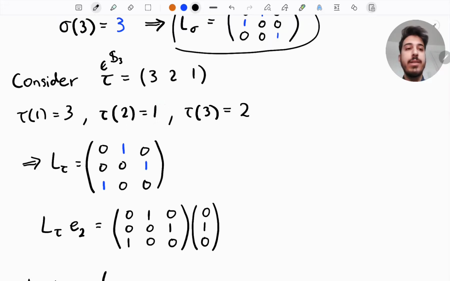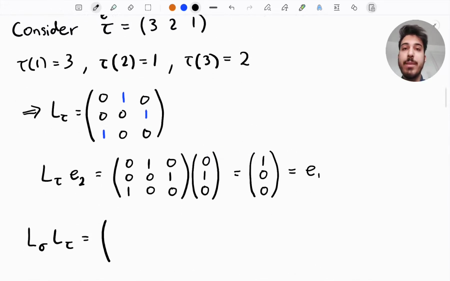So let us verify this. In the first row, we have that 0 times 0 plus 1 times 1 plus 0 times 0 is equal to 1. And you can verify by yourself that the other rows are equal to 0, thus giving us, as expected, E1. Thus enforcing the idea that L tau is in fact the permutation matrix for tau.